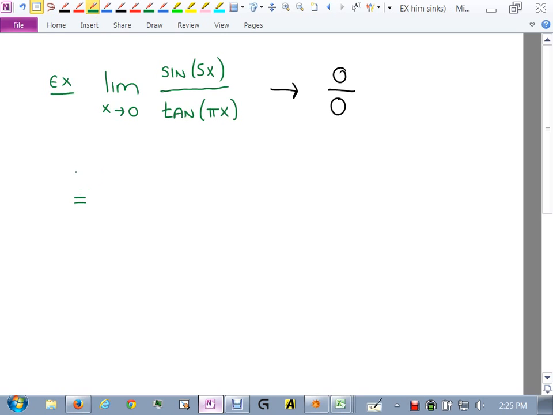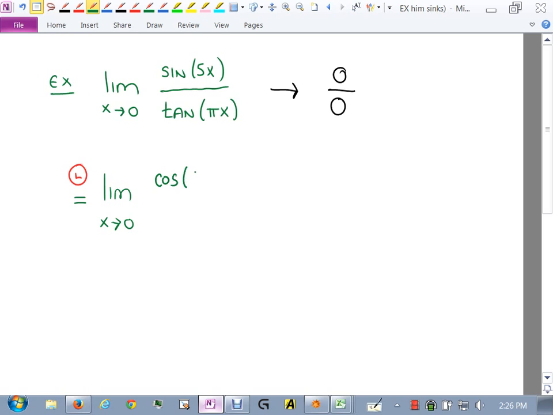So this should, by L'Hopital's rule, be equivalent to the limit. So what is the derivative of sine 5x? Be careful here.